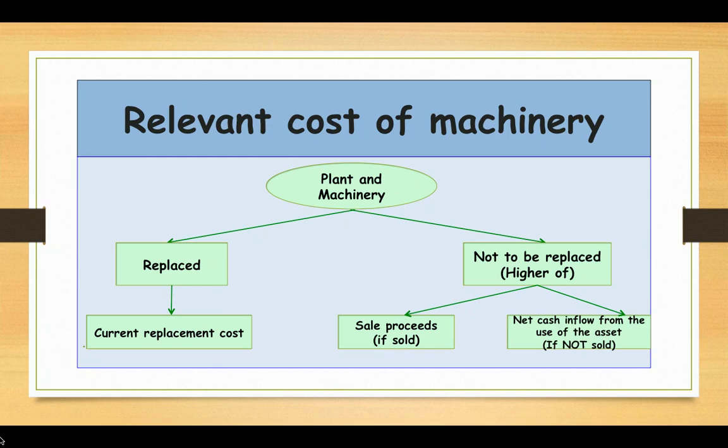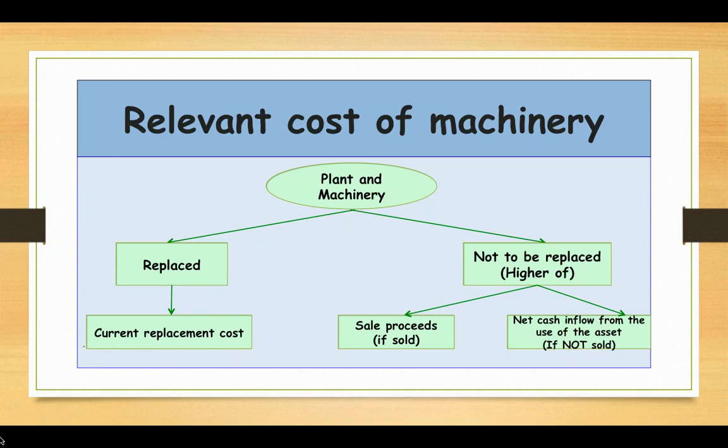We're going to see if a company is planning to replace the machinery or if the company is not planning to replace the machinery. If a company is planning to replace a machinery at the end of its useful life, the relevant cost of that machinery is the current replacement cost.